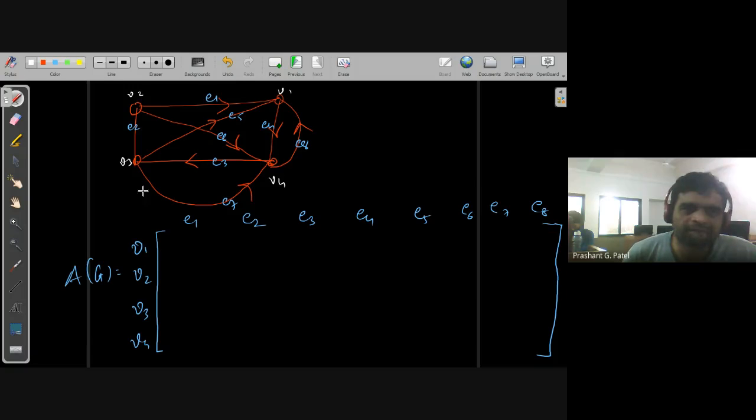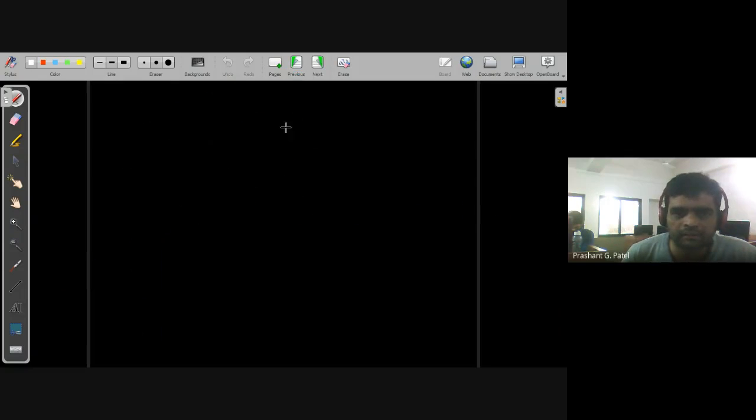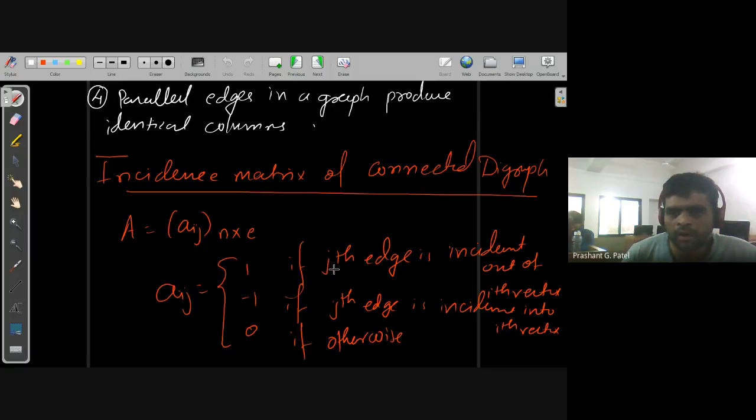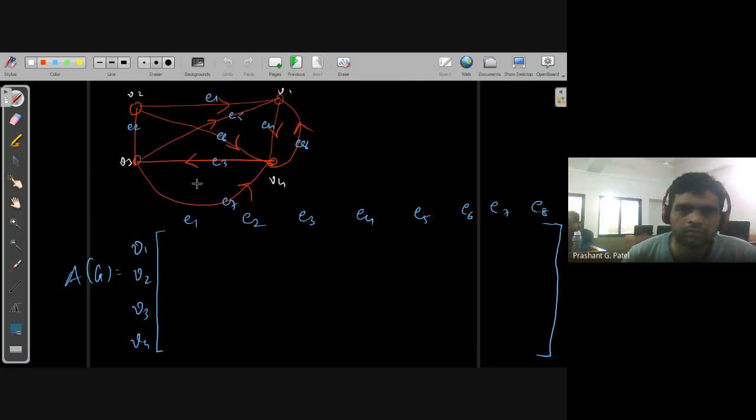Now, as per this rule, if the jth edge is incident out of the ith vertex, then it is 1; if the jth edge is incident in, then it is -1; otherwise 0. So we'll write first for the column.